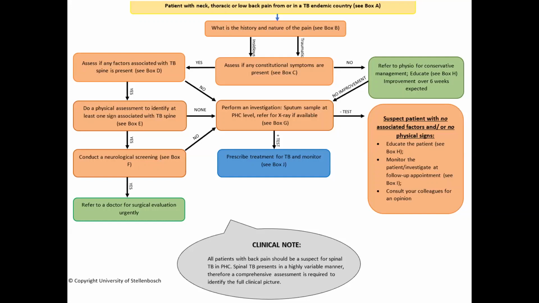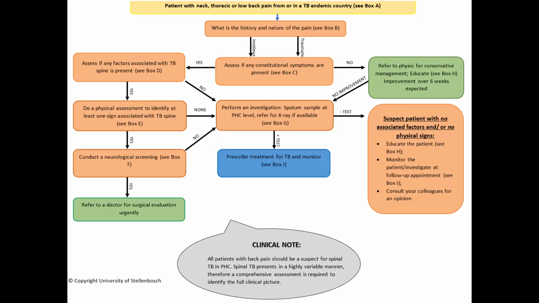If there's no improvement after the 6 weeks of conservative physiotherapy treatment, you would then perform investigations. You would ask for a sputum sample at primary healthcare level, or refer them for x-rays if they are available. If any of these come back positive, you would prescribe TB treatment and monitor the patient.